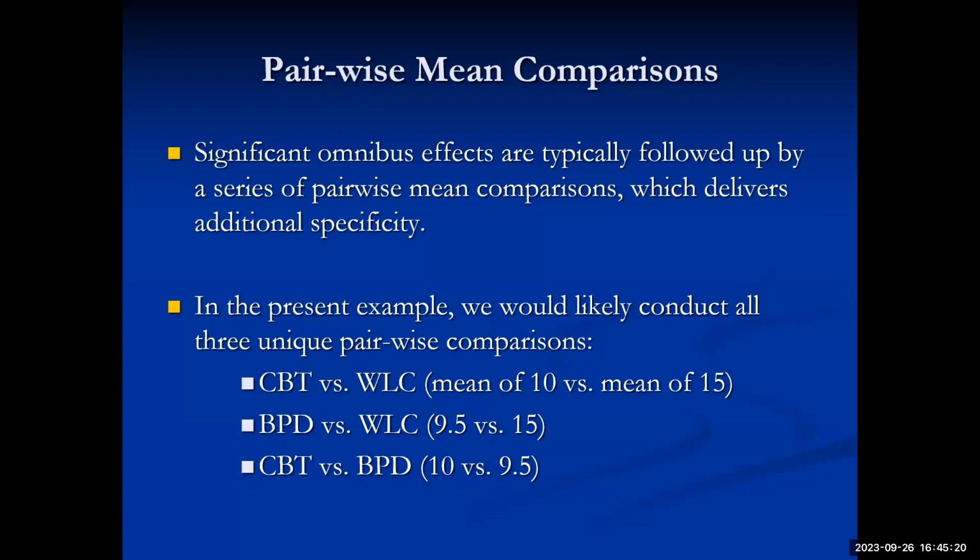We would take the mean in the CBT condition and compare it to the mean in the waitlist condition, a mean of 10 versus a mean of 15. We would also take the mean in the BPD condition and compare it to the mean in the waitlist condition. And then finally, we would compare the 2 means from our 2 active treatments, CBT versus BPD. And here it looks like there isn't much of a difference between our 2 active treatment conditions.